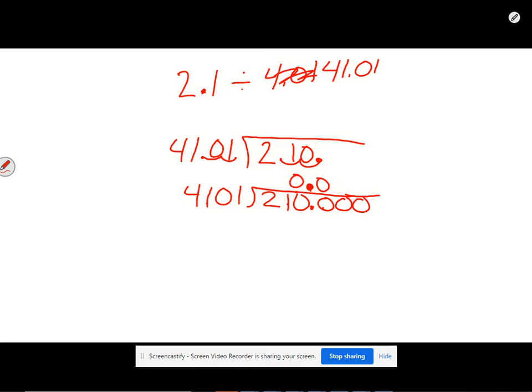So 4,101. How many times can that go into 21,000? How many times can 4,101 go into 21,000? I think it's 5.